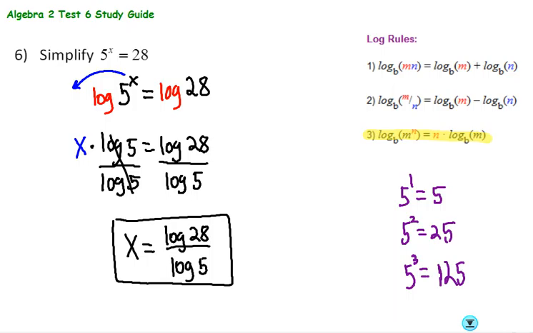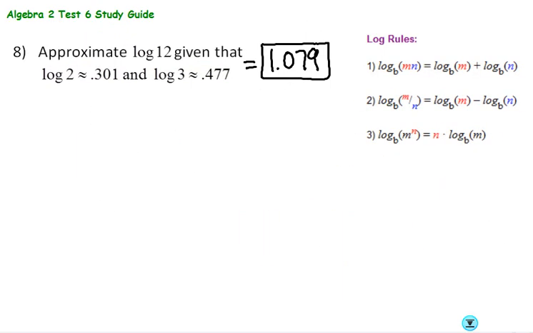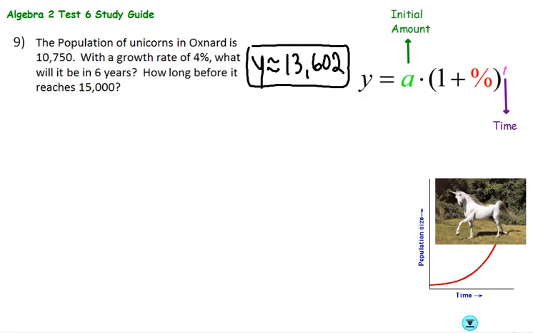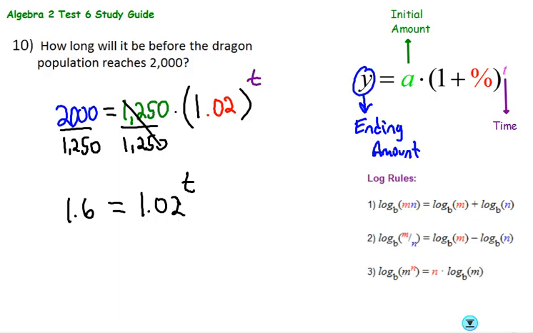You notice that. So we can use that shortcut here. I didn't want you to use it on number 6 because I wanted you to show the proof, but here I'm okay with it. So t would be log of 1.6 divided by log of 1.02. Let me go ahead and write that just so we know what we're referring to.